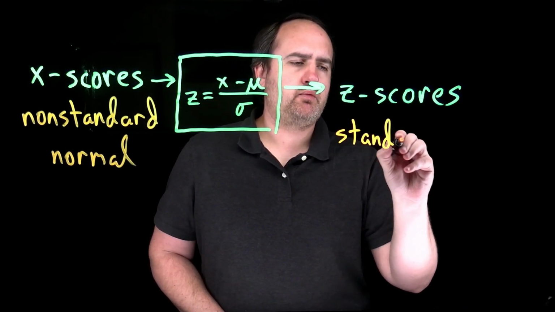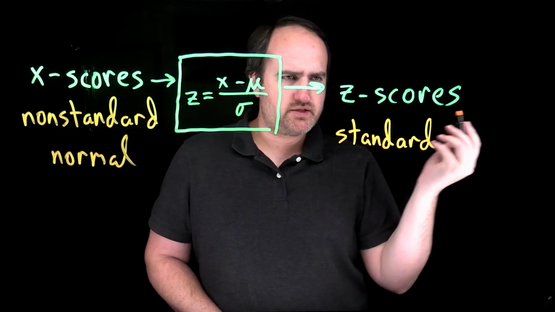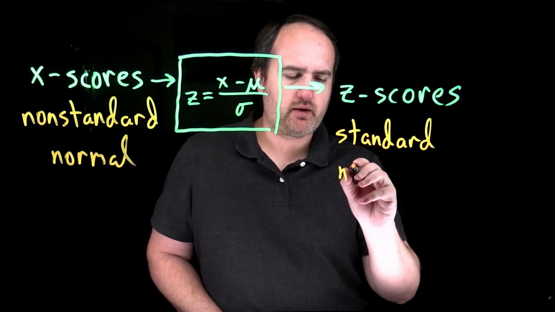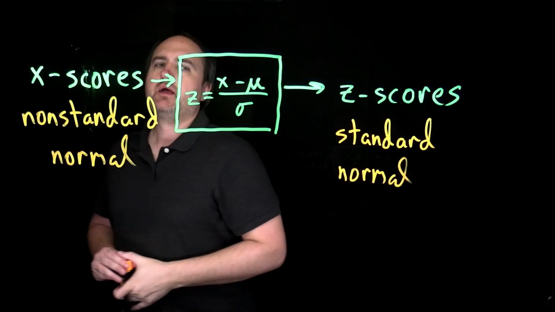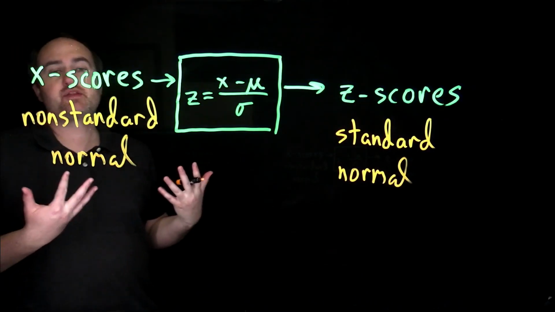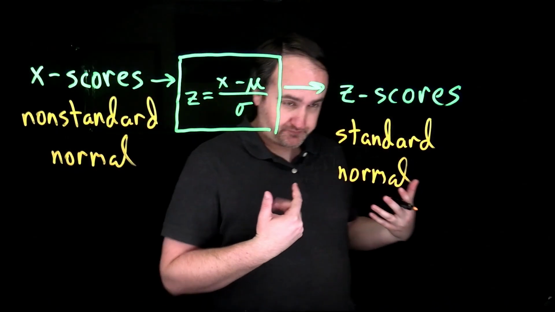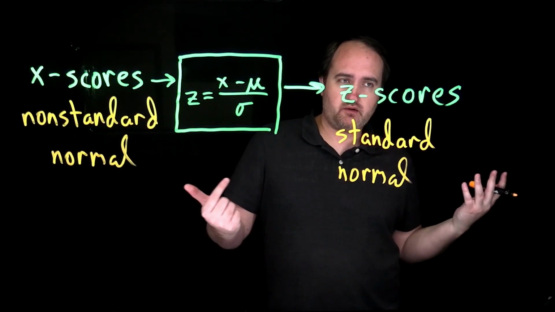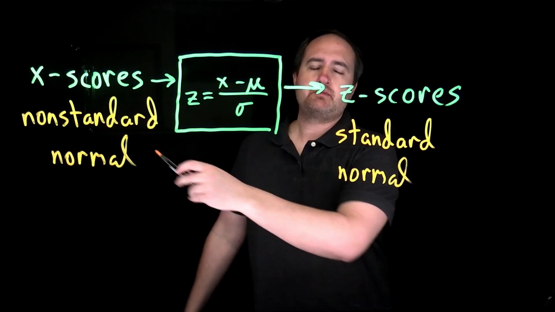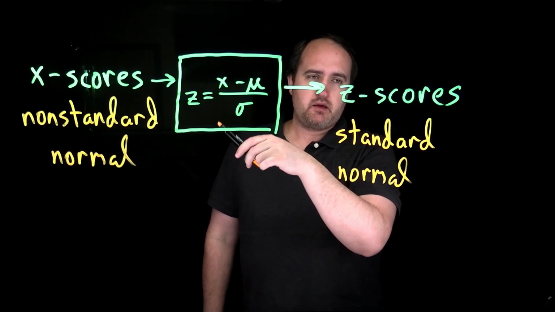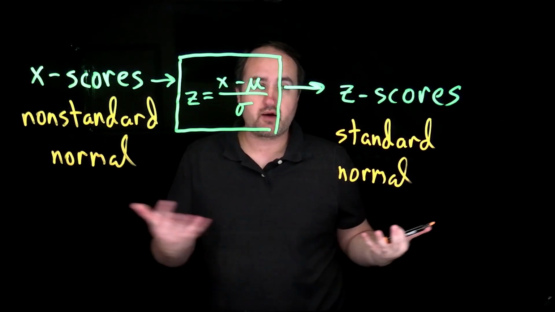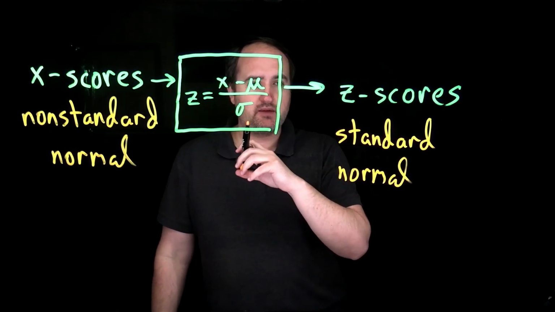You might be wondering, why do we need to convert them to z-scores? Why can't we just leave them as x-scores? The answer is, if you want to use a calculator, you may be able to just type in the x-scores, and it may find the area for you automatically as long as you enter in mu and sigma.